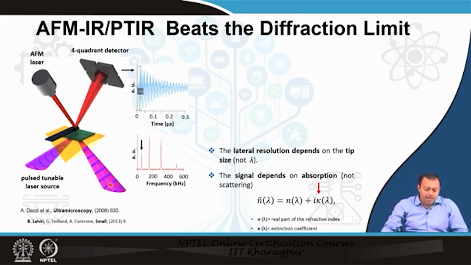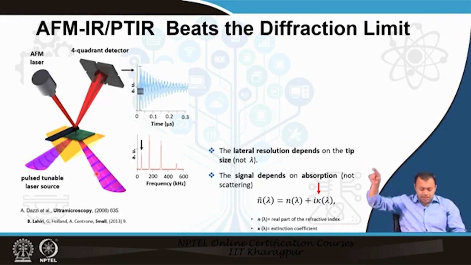So, what happens is that this pulsed tunable laser source is aligned in a total internal reflection manner, meaning it is totally reflected from the upper surface of the prism. It is not refracting, it is not going through. Total internal reflection is exactly how optical fibers allow light to pass through in a zigzag manner.